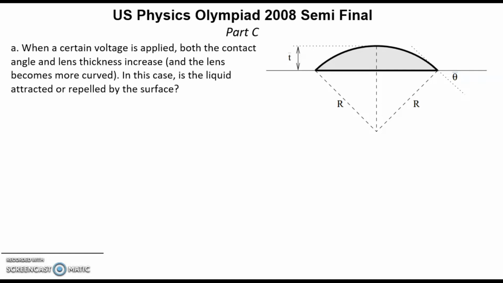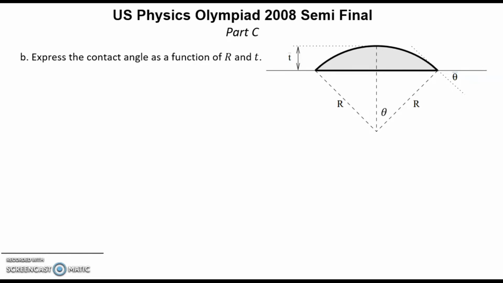When curvature is increased and angle increased, this droplet will go up. It means that it's going against gravity. It means that voltage will repel this droplet. That's the answer.